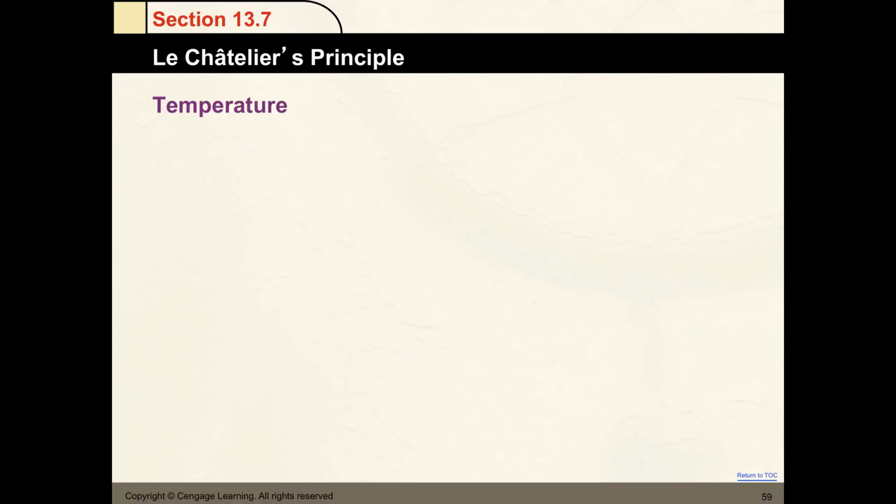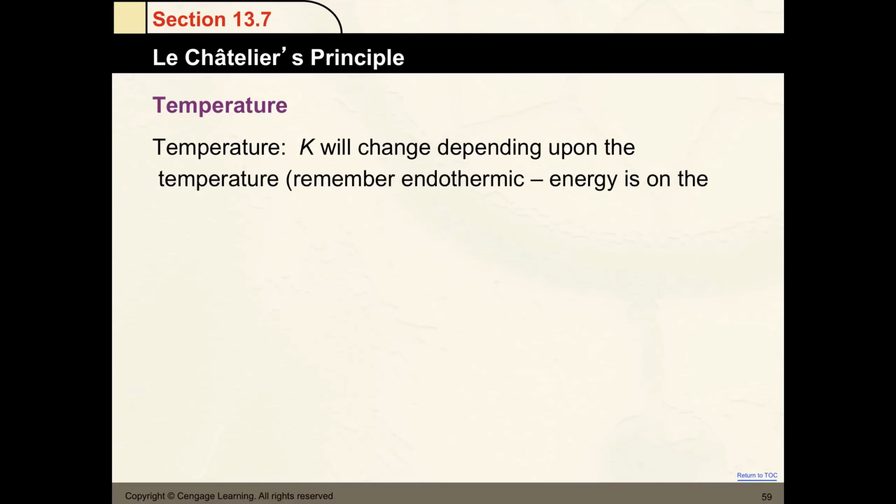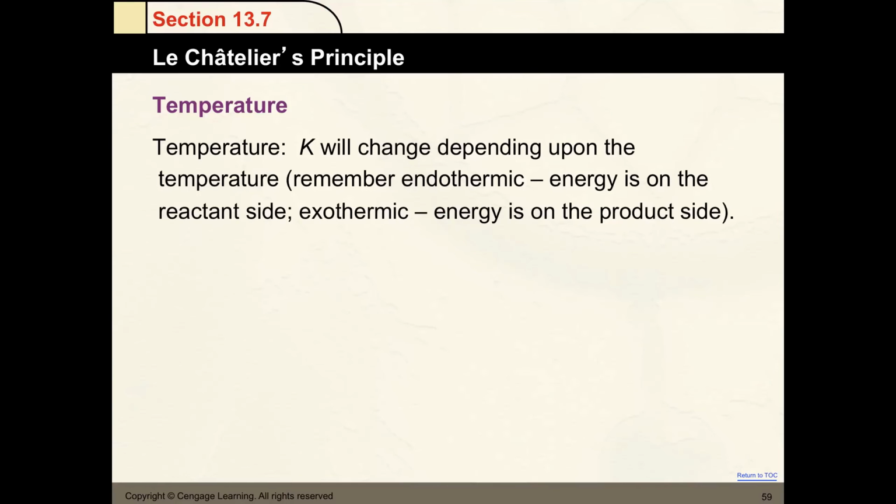Temperature. K will change depending on temperature. We've said that a lot this chapter. And you have to actually know what side temperature is on the reaction. So you'd have to be told. You'd have to say if it's endothermic or exothermic. And remember, endothermic, the energy is on the reactant side, and exothermic, the energy would be on the product side.